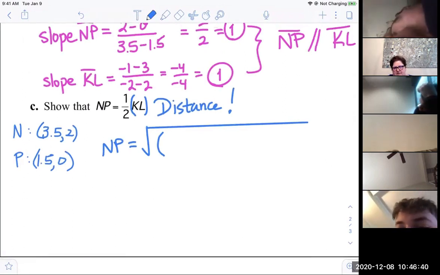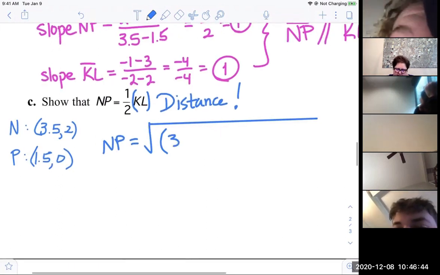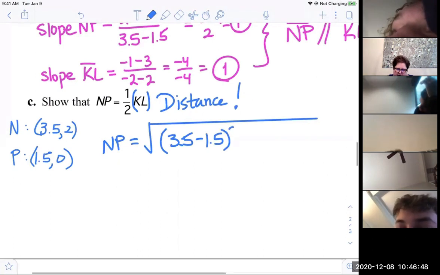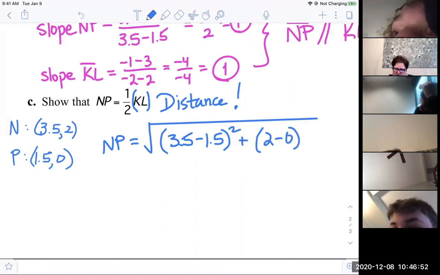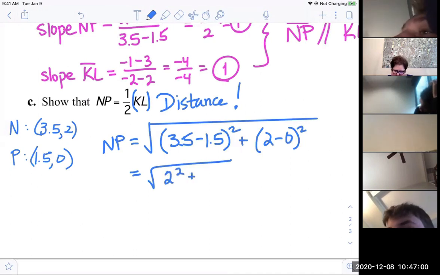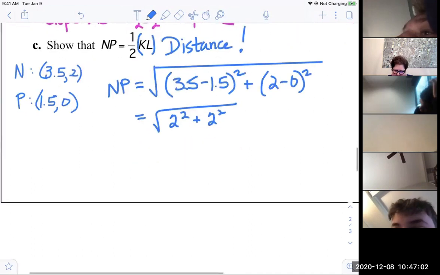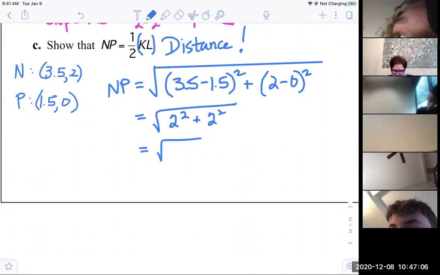It doesn't really matter if you do the difference in the x's first or the y's first, but remember you subtract 3.5 minus 1.5, square that, and then subtract the y's, 2 minus 0, quantity squared. Okay, that's going to be the square root. 3.5 minus 1.5 is 2, and 2 minus 0 is 2. So the square root, order of operations, we'll do 4 plus 4, which is 8.